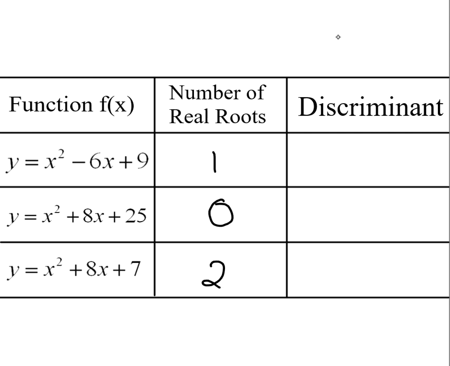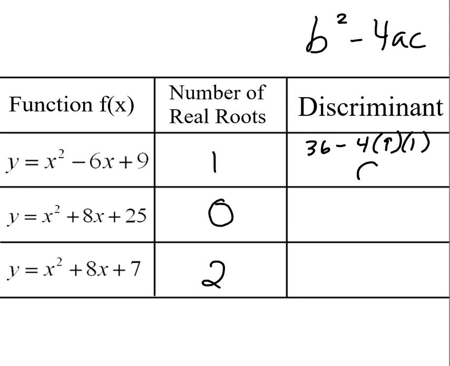When I do the discriminant, and again, the discriminant is b squared minus 4ac, b squared will be 36 minus 4 times 9 times 1, which will be 36 minus 36, which is 0. For the next one, b squared minus 4ac, I'm going to get 64 minus 4 times 1 times 25.